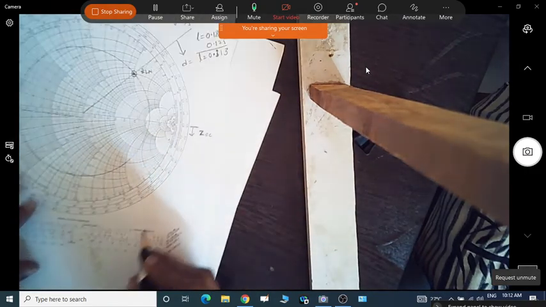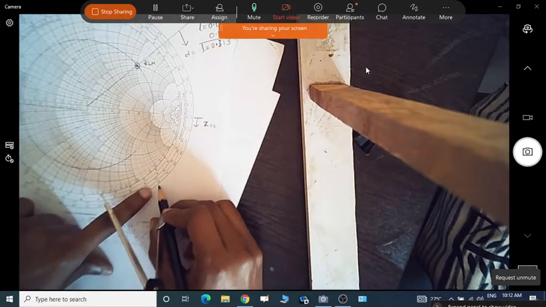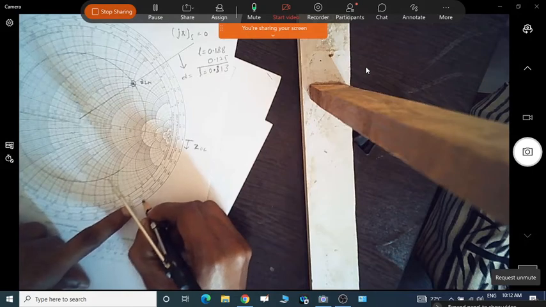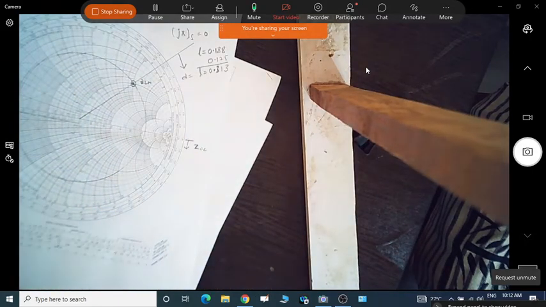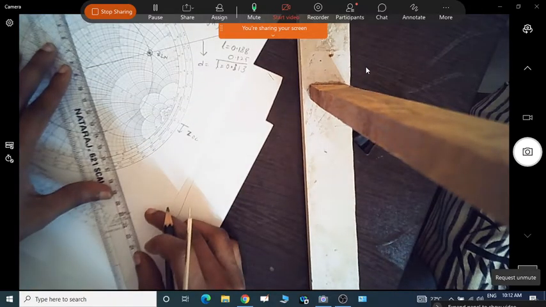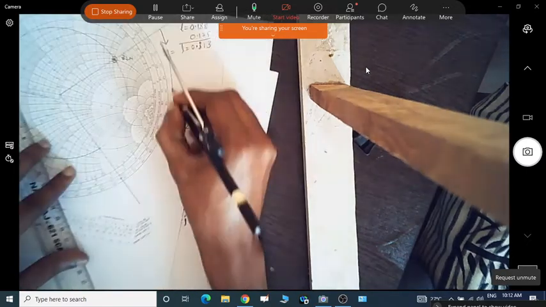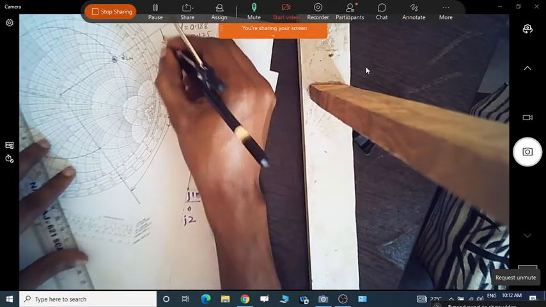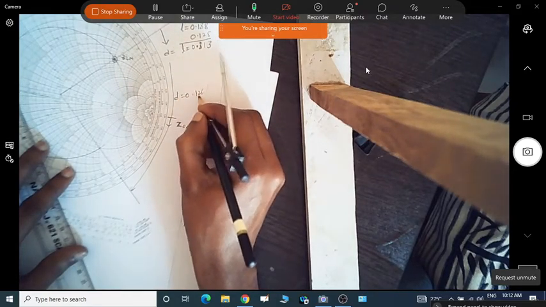Where it is 0.313, you can see here this is 0.3231, so this is 313. I will just mark that one. This is the distance I am moving, the distance of 0.125 lambda.